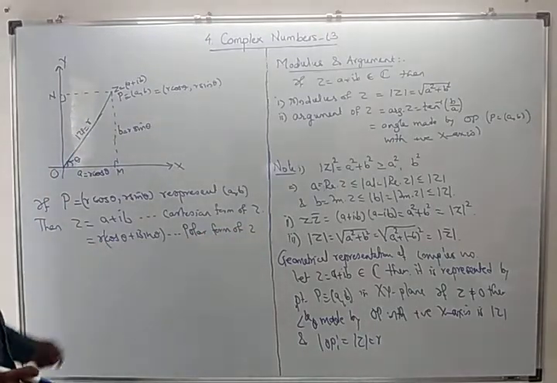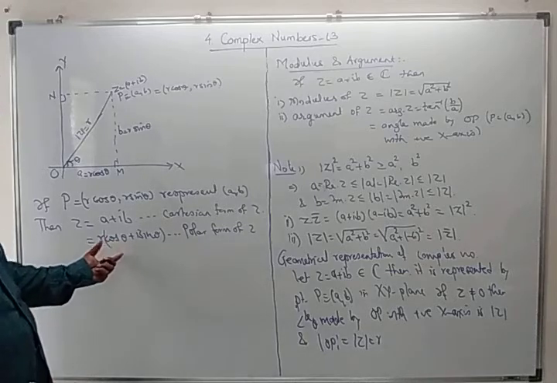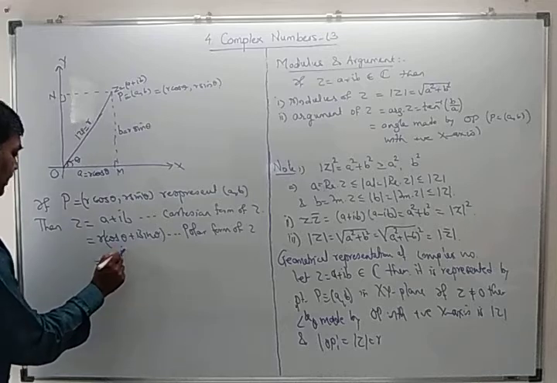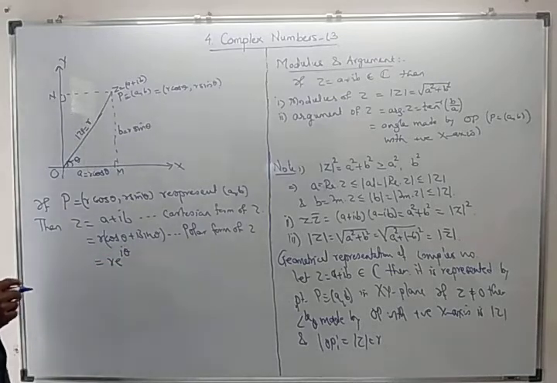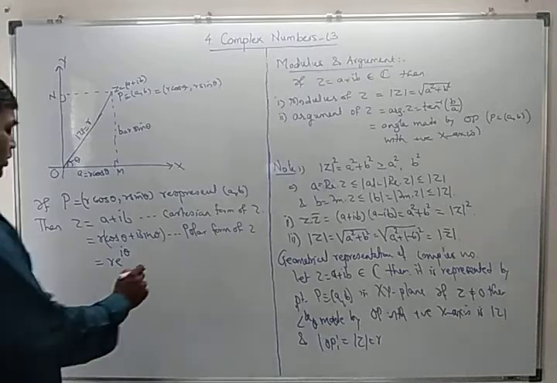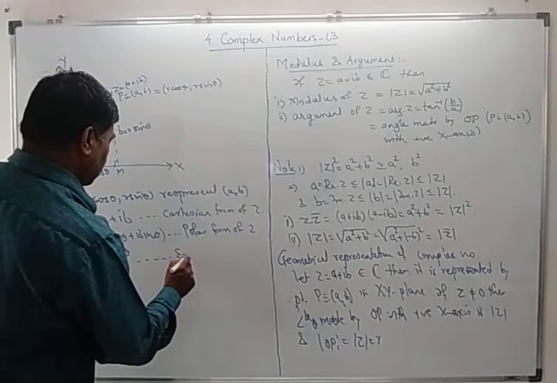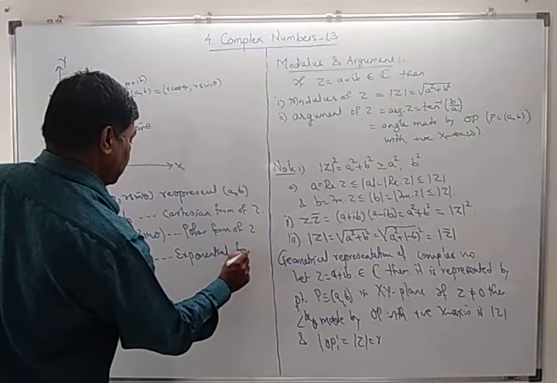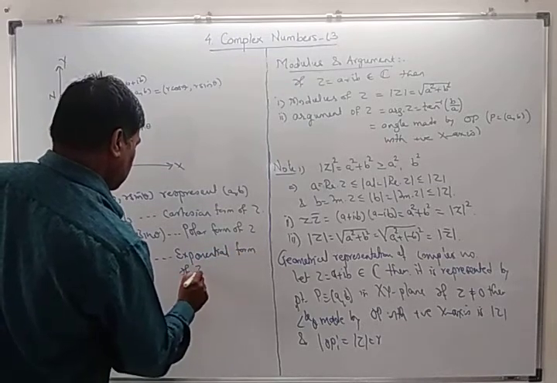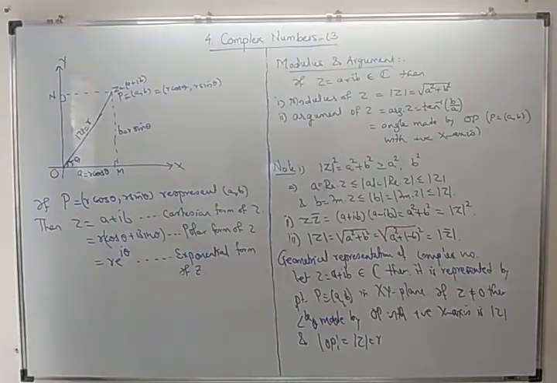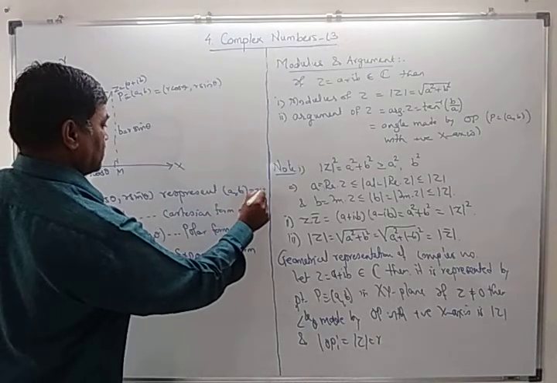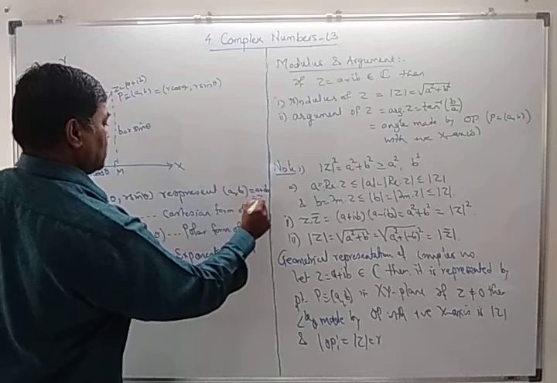Moreover, this is nothing but r into e raised to i theta. This is known as exponential form of z.